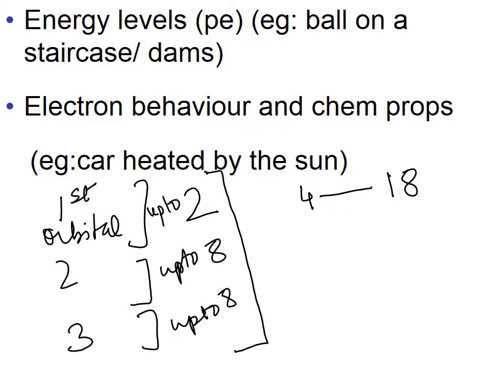Now this particular situation is what makes them react with other elements, form bonds, take electrons, lose electrons, share electrons, and do whatever it takes for them to achieve stability.